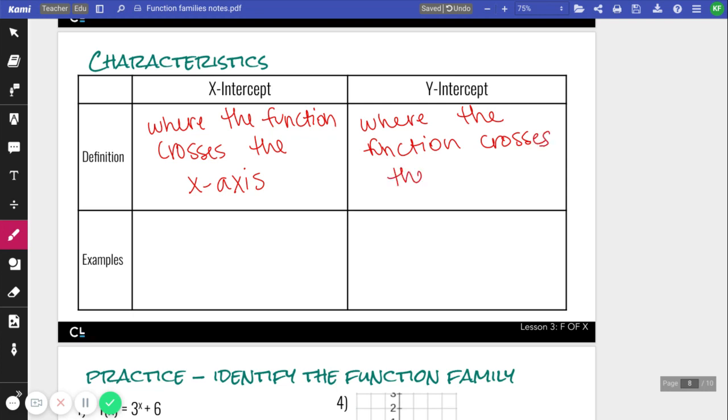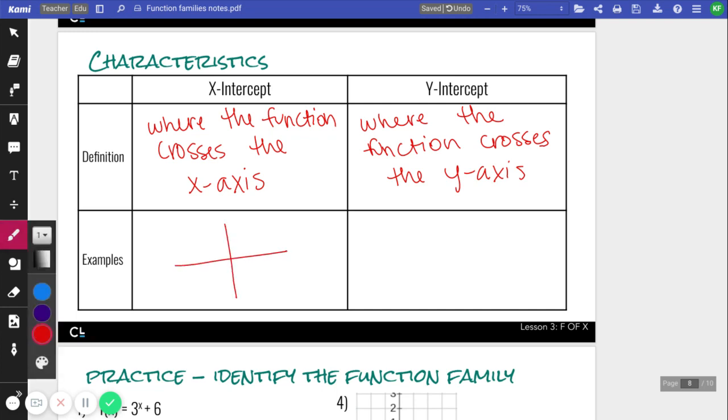So if my function was a line or a linear function, my x-intercept would be this one point right here where I just put that dot.